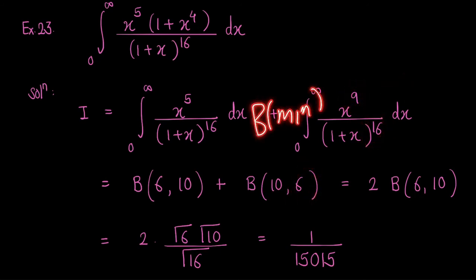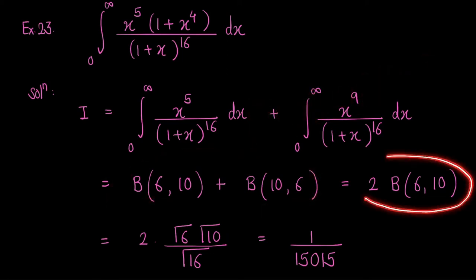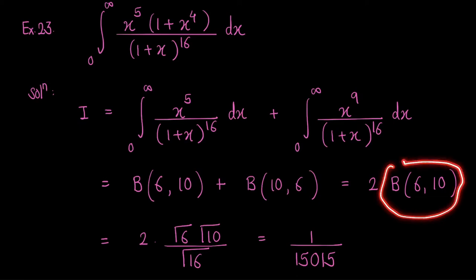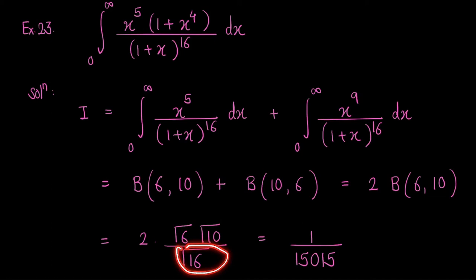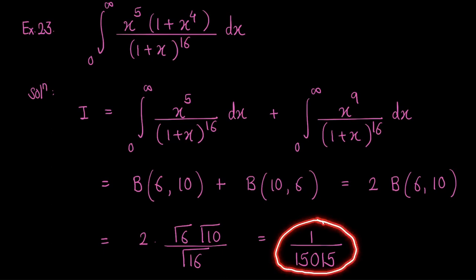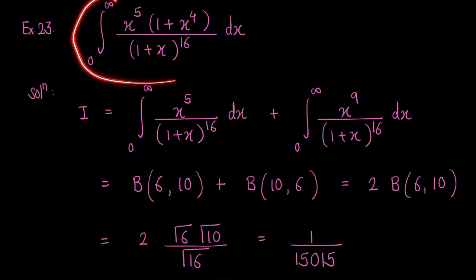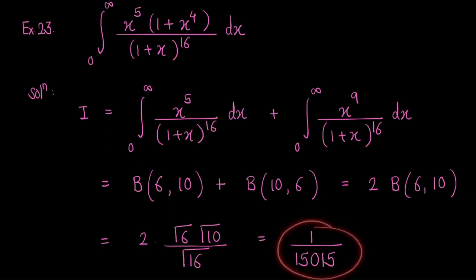And since beta of m comma n is equal to beta of n comma m, we will have this equal to 2 times beta of 6 comma 10, and the value of beta 6 comma 10 is equal to gamma 6 into gamma 10 upon gamma of 10 plus 6, that is 16. And if we solve this further, we will get 1 upon 15015. So the value of this integral is equal to 1 upon 15015.